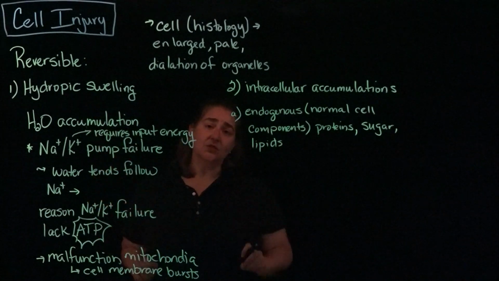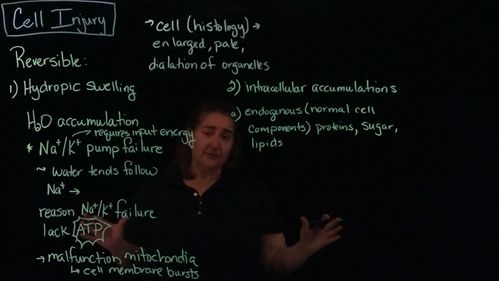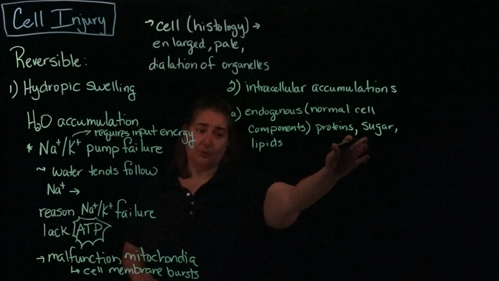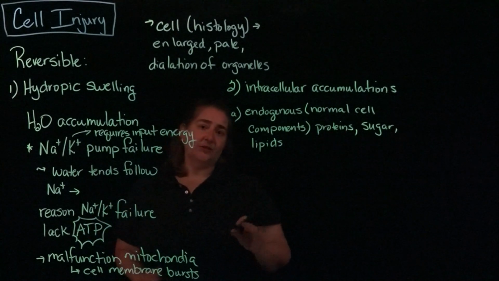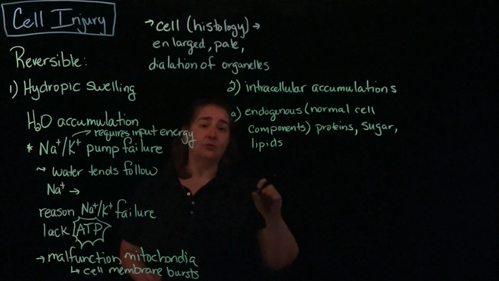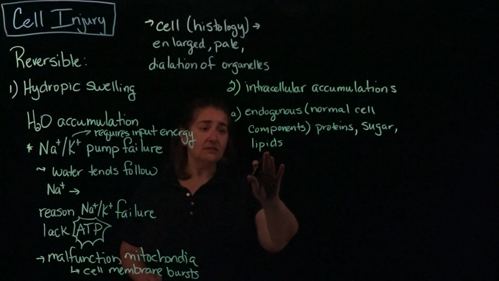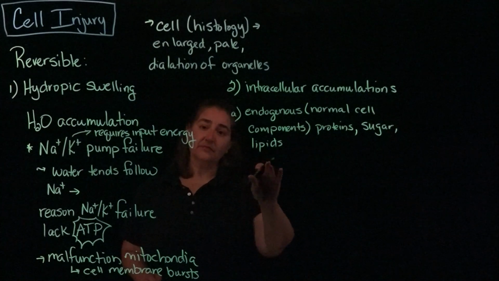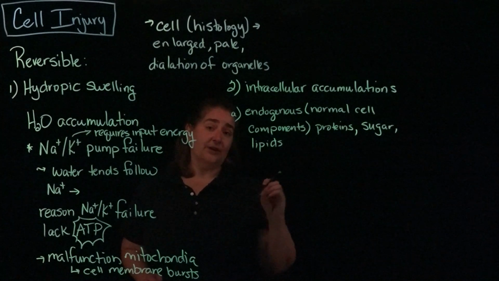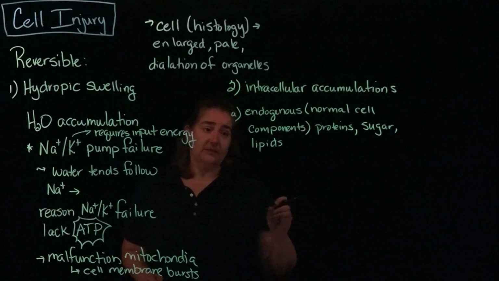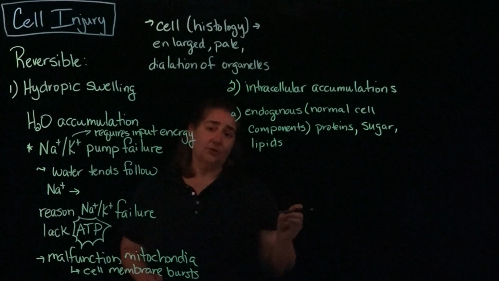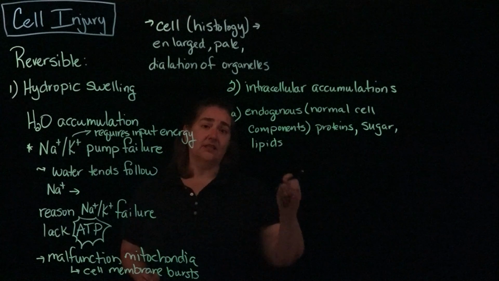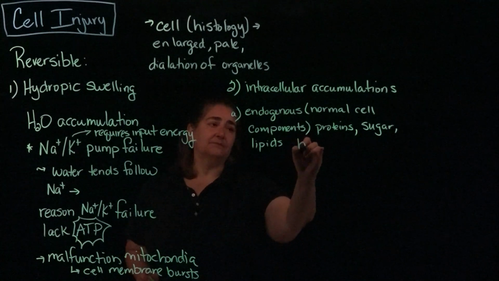So sometimes these two can be linked. They don't always have to be, though, all right? That's just one example. Lipids, when we get to Patho 2, you'll learn about fatty liver disease. So the accumulation of fat in the hepatocytes results in the liver not being able to function normally, okay? So essentially things that are normally made by the cell accumulate at high levels.